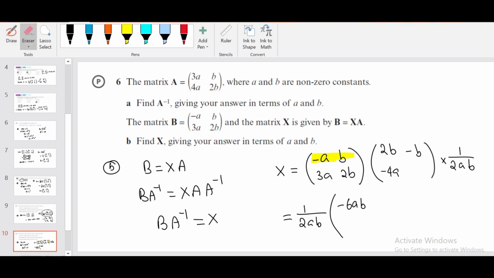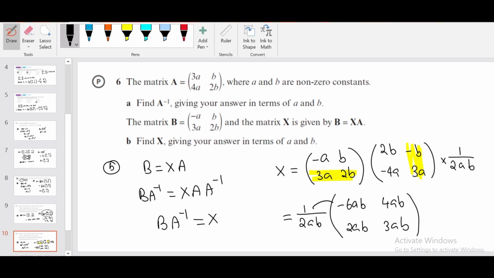This was 3a, not 3b. So when you multiply, you'll get ab plus 3ab is 4ab here. And then take the second row, multiply by the first column, you'll get 6ab minus 4ab is 2ab. You understand what I'm doing here? Yeah. Minus 3ab plus 6ab is 3ab.